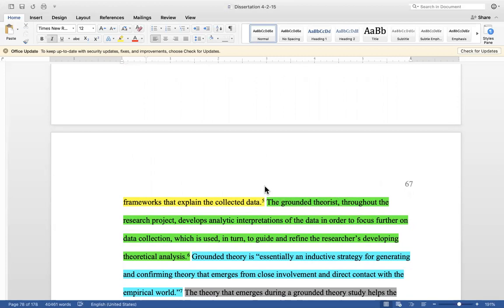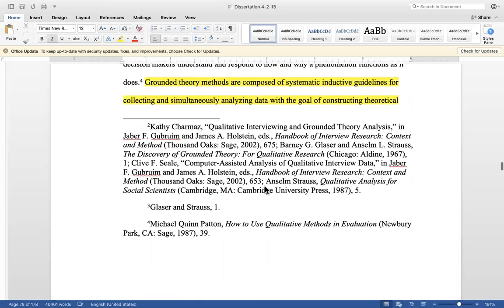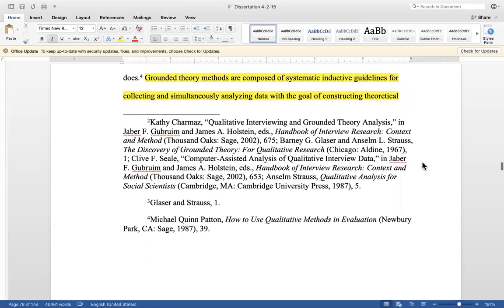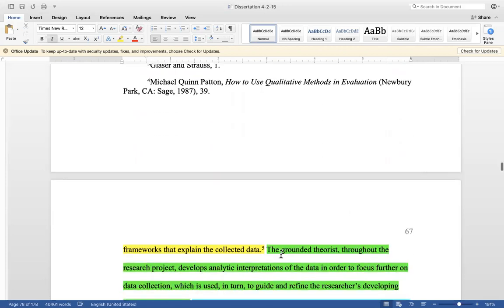This is indicating to the person reading this sentence that this sentence did not come out of the student's mind. The student is saying, hey, professor, I didn't get this out of my own brain. Don't accuse me of plagiarism. I got it from a particular source.